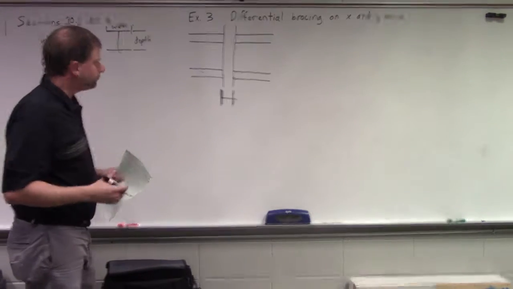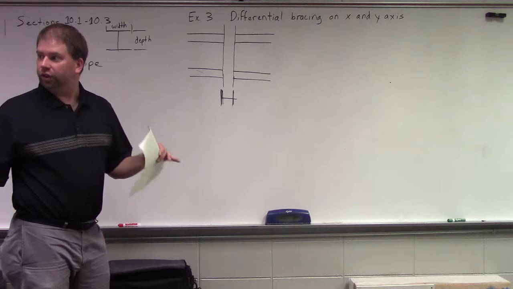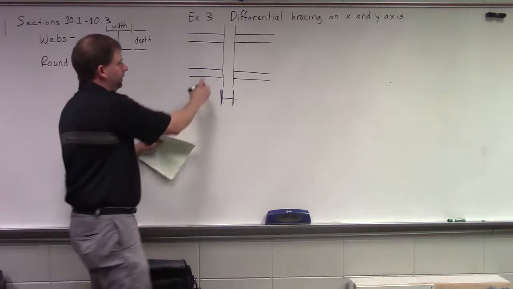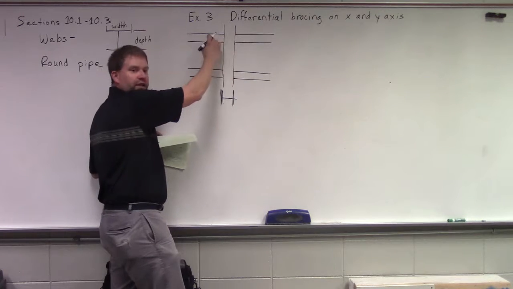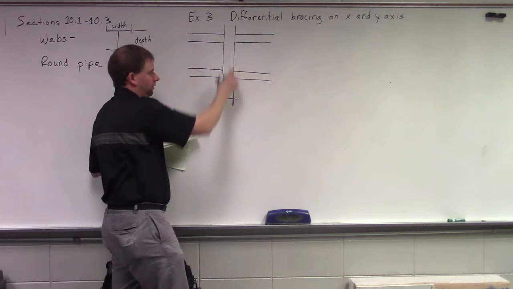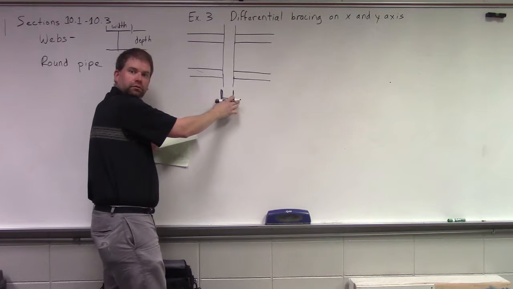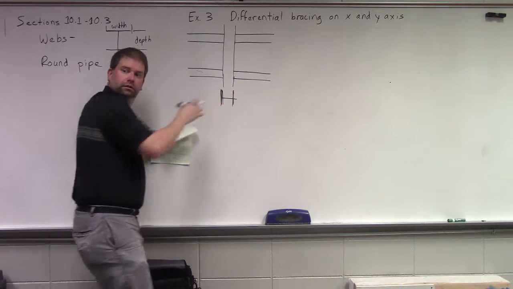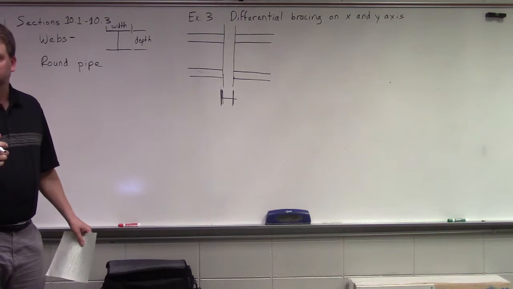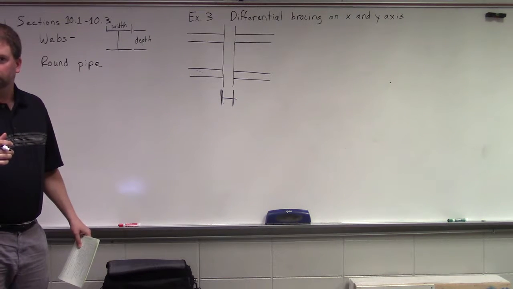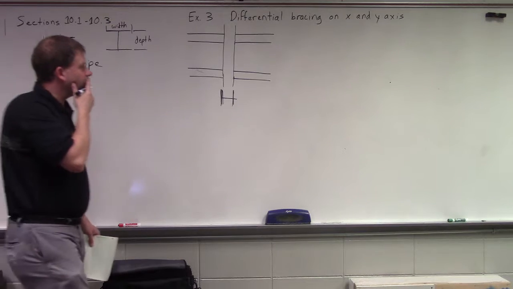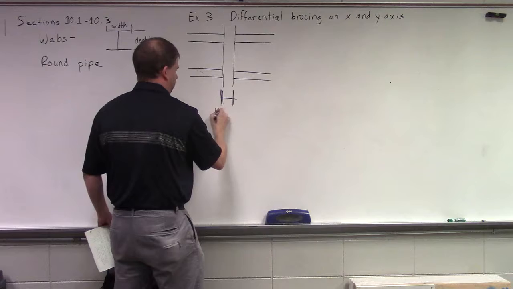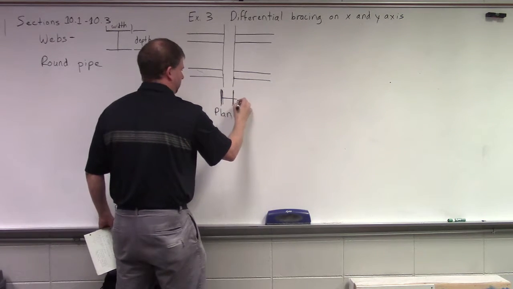We have to keep in mind this is going to make for different unbraced lengths, because these are going to act as braces in this dimension. Does that make sense to everybody? Wait a minute. So the top drawing is the view of the bottom drawing?